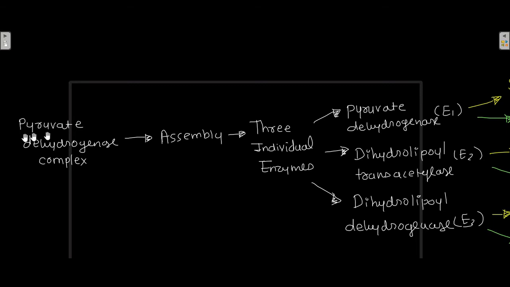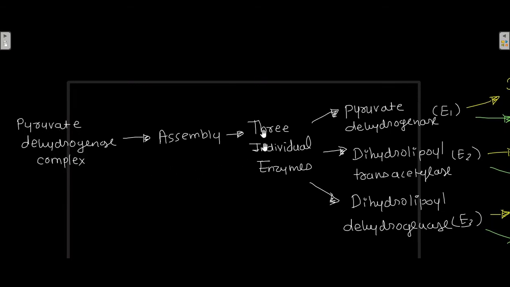Now this complex is made up by assembly of three individual enzymes: pyruvate dehydrogenase, dihydrolipoyl transacetylase, and dihydrolipoyl dehydrogenase.